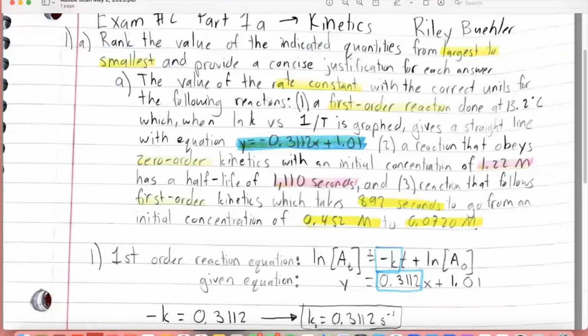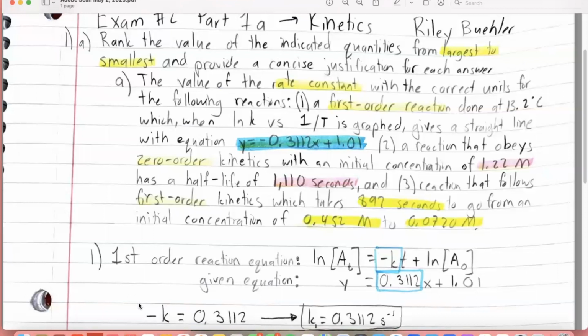So then we can see that negative k in the skeleton of the equation, given in our reference sheet, is equal to 0.3112 in the equation given in the problem. Therefore, we can multiply both sides by -1, and we will get that the value of k for the first quantity is 0.3112, and the units will be 1 over seconds.